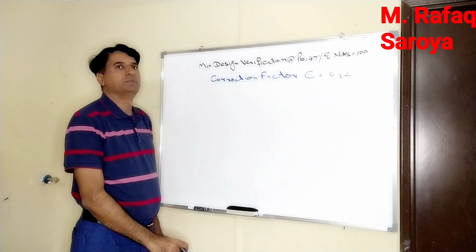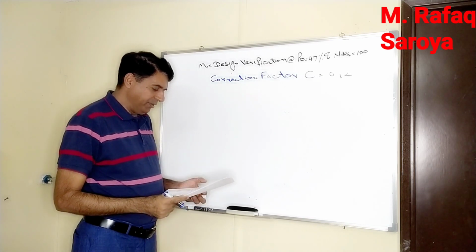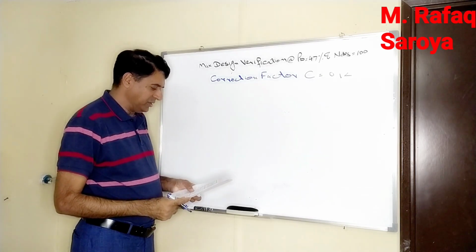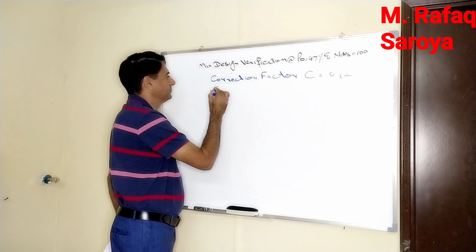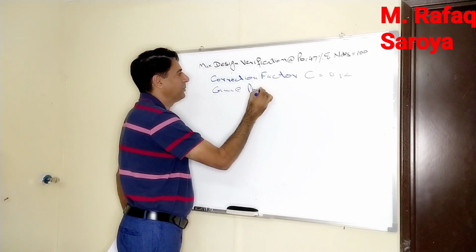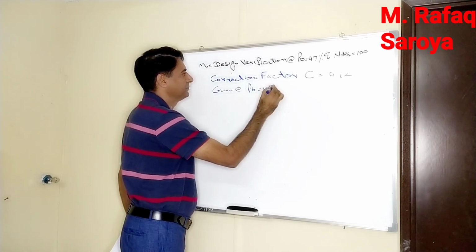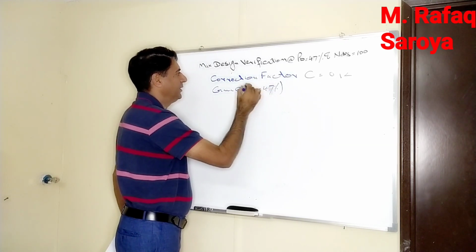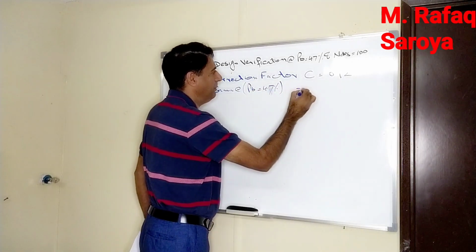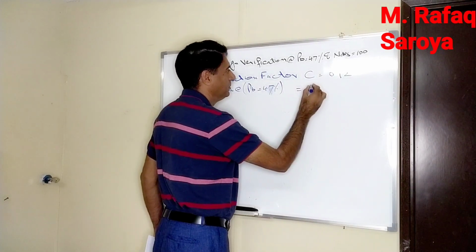This is the C value. Clear? Similarly, next I will tell you about the value of GMM at Pb equal to 4.5%. Sorry, 4.7%. The value of GMM comes out to be 2.670.